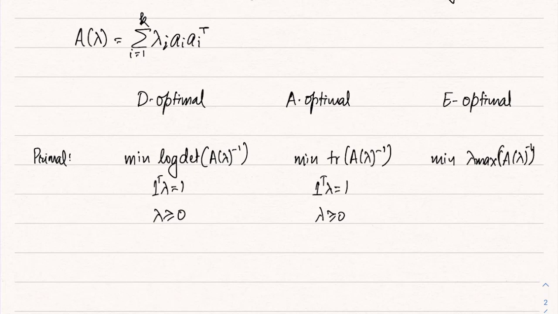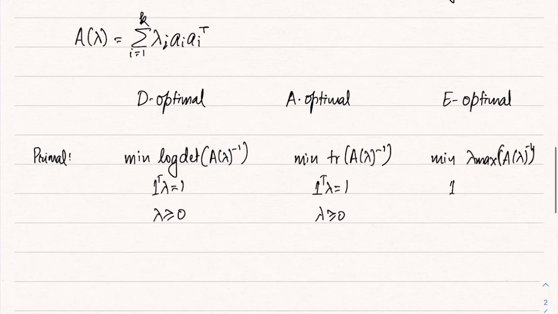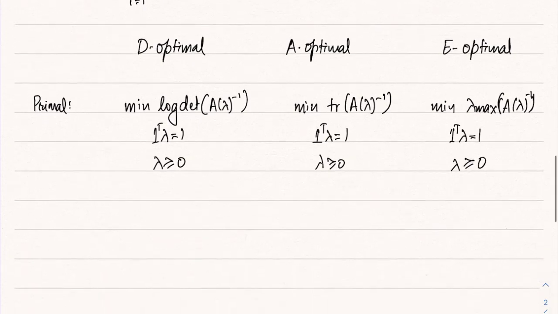So everything is in terms of A lambda inverse. I have not written them in the standard SDP form. They are in the basic objectives that we have motivated, and let us also write down their duals.